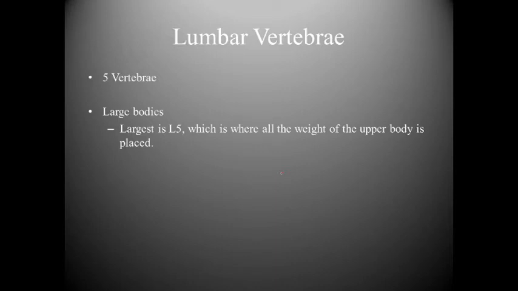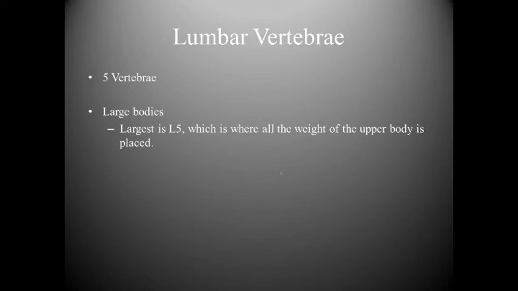When you hear people talk about having back pain, one of the most obvious places to look for lumbar pain is simply L5S1, because L5 has all of the weight of the upper body placed on it. If you're overweight, then you have a lot more weight bearing down on this joint, and so it's wearing out this disc space to a higher degree. Typically L5 is where you're going to see a lot of abnormalities. That's not to say that there aren't abnormalities well above L5, but L5 is a very common place to see them.